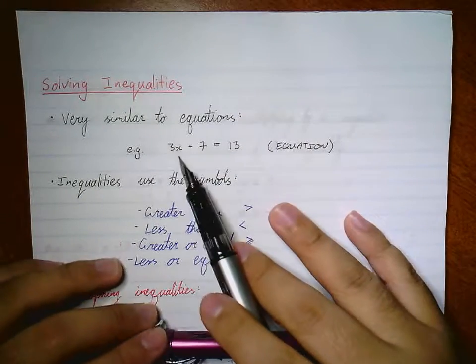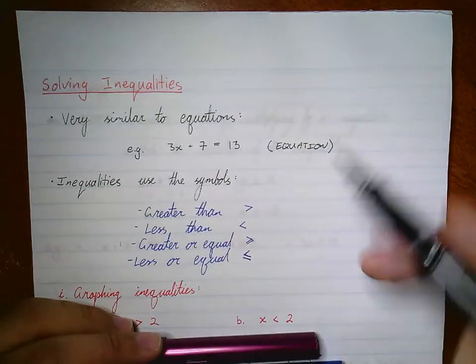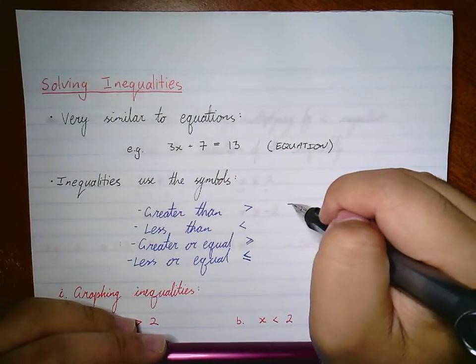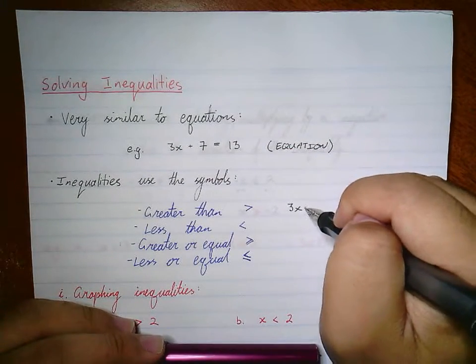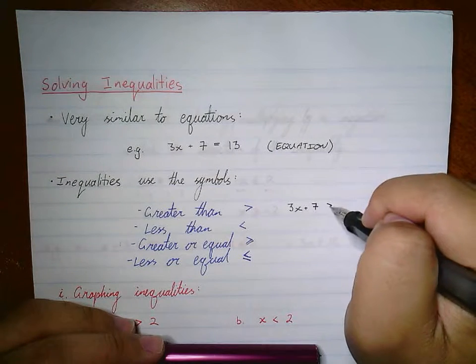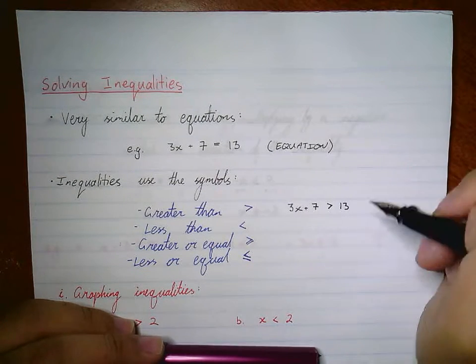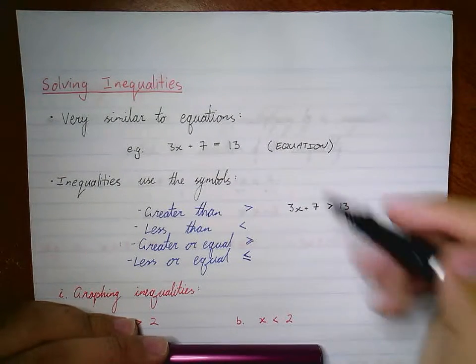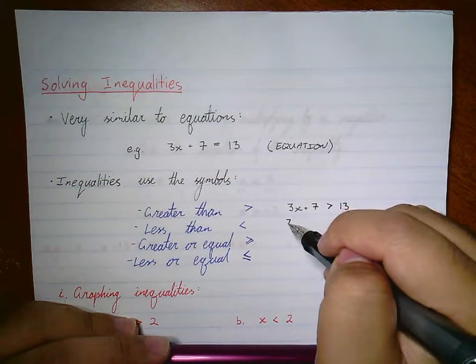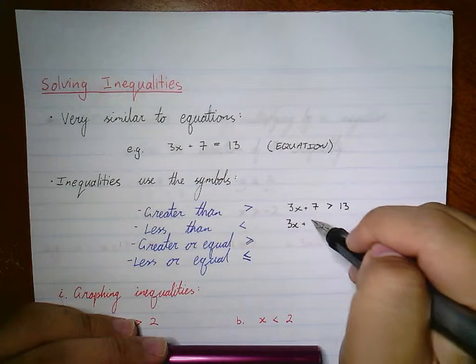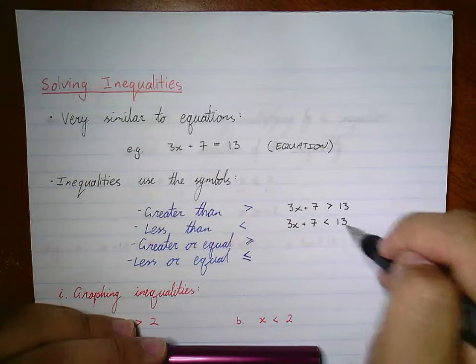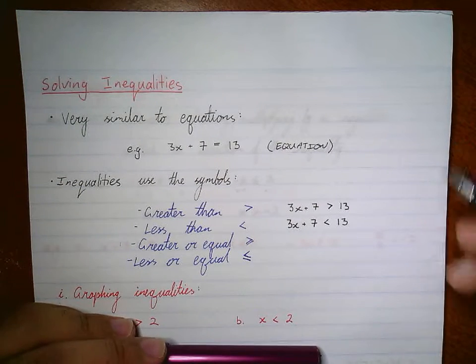So if I were to take this equation and change it into 3x plus 7 is greater than 13, that is an inequality using this symbol. Or I can use the exact same expression but change the inequality, and it has a whole different meaning.